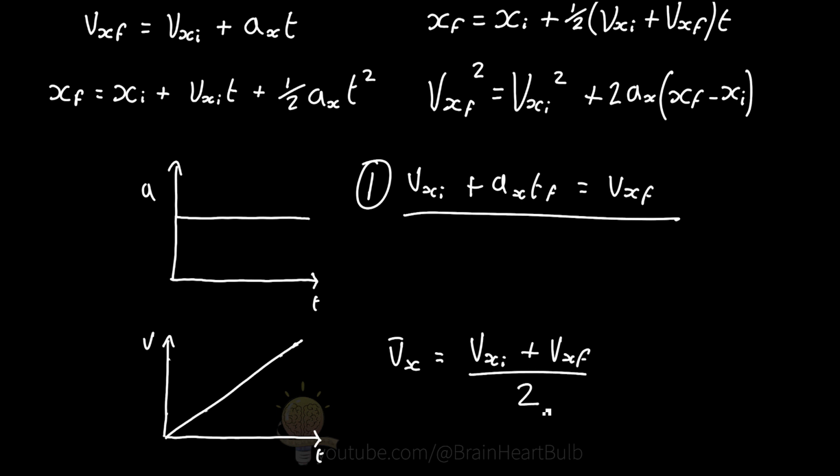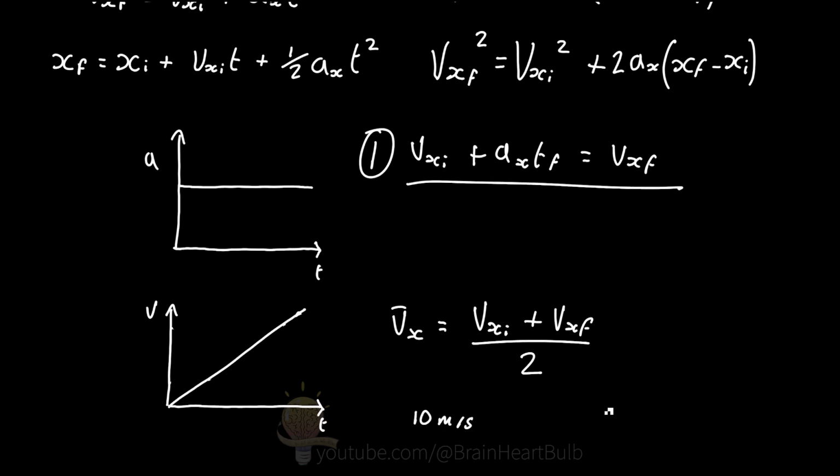So for example, if you're in a car on the highway and you're initially travelling at 10 meters per second, if you increase your speed to 20 meters per second, your average velocity over those two speeds would equal 15 meters per second.